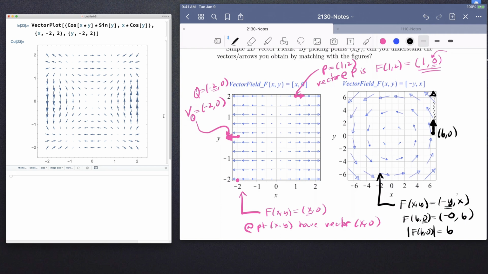So essentially we're just drawing these vectors scaled a little bit. We can also see that there is another vector at the point (0, 6). The vector at (0, 6) would be (-6, 0), and that is a vector that is pointing to the left.